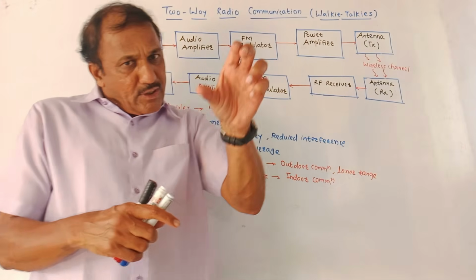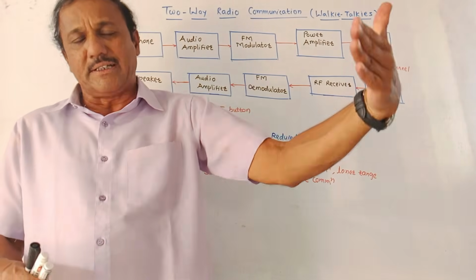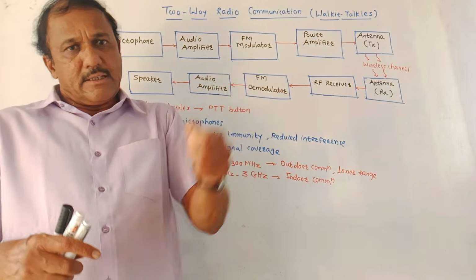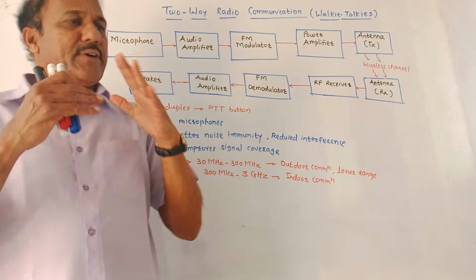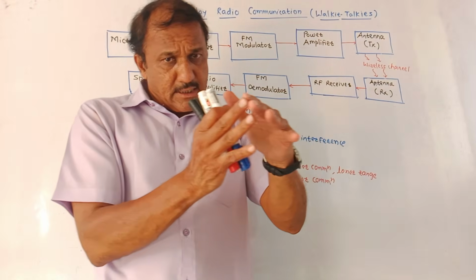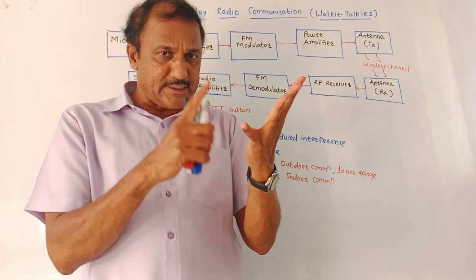So the device will start at the transmitter side and will transmit the signal. On the contrary, when the button is released, the device acts as a receiver. So in simplified language, this is two-way communication system, but at a time only one person can speak.